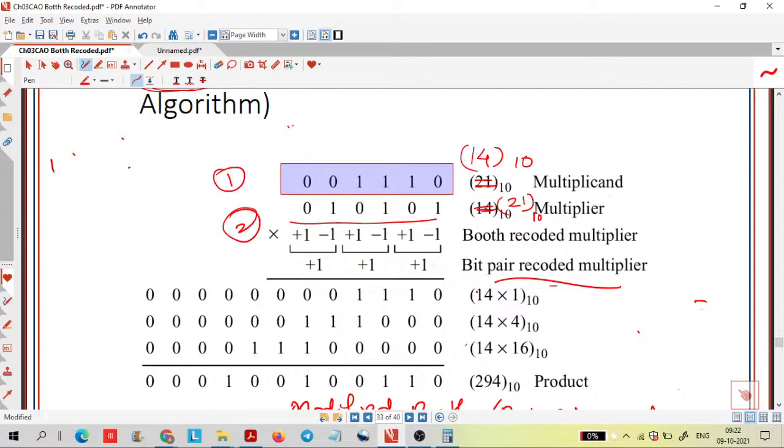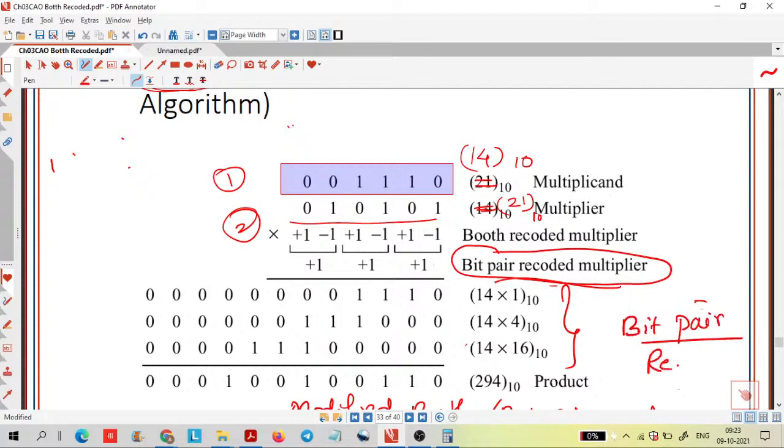And here what do we do? This is correct, because the problem above, the same problem we are continuing. Here just one thing is added, the bit pair recoded multiplier. That is the only thing.